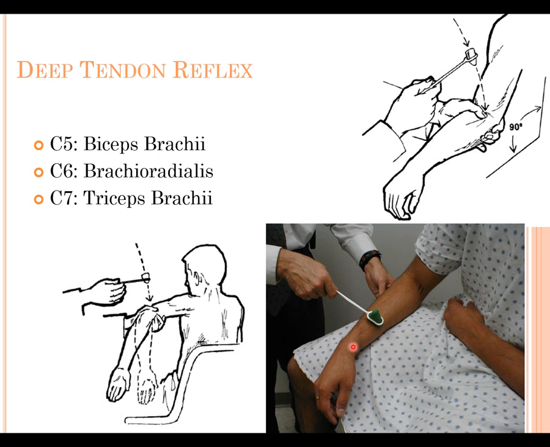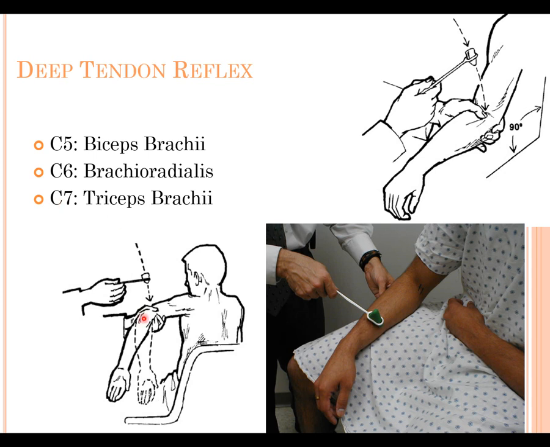In order for you to find it, you can actually do resisted elbow flexion, and it will pop up. So with you in a thumbs up position, if you do resisted elbow flexion, you'll see it pop up. You just want to follow that, have the person relax, and actually hit them with the flat side of the reflex hammer. Not hard, because you're basically hitting it on bone, but you should be able to see a twitch through there.